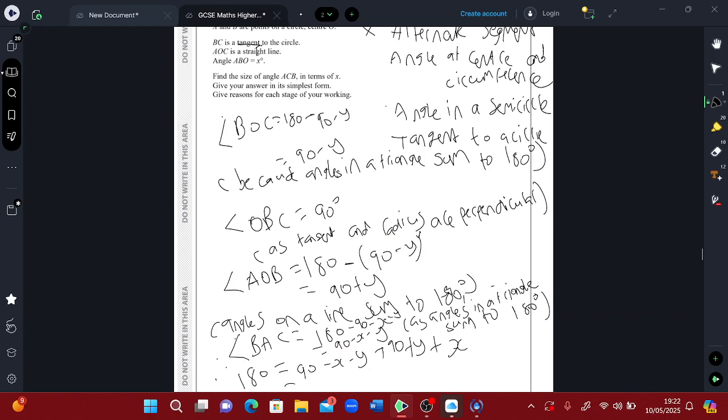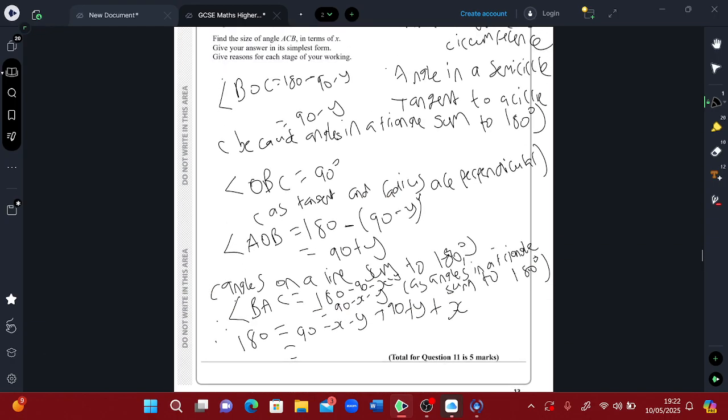So actually, this is going to be, I believe, 45 minus half y, as the angle at the circumference is half the angle at the centre.